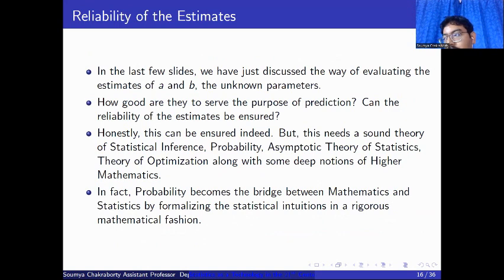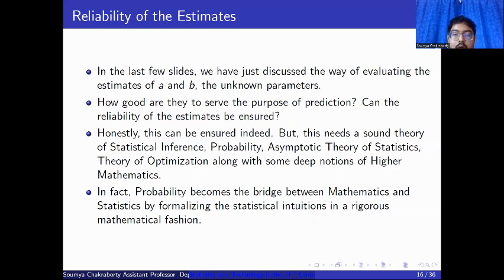It may be possible that for a given height of 6 feet, our model predicts that the weight is 180 kg, which is clearly impossible for any human being. 180 kg cannot be a weight of a normal human being, or even some human being who may have some kind of disease. It's clearly impossible. So thus we need to ensure the theoretical stability of those parameter estimates and the statistical analysis.